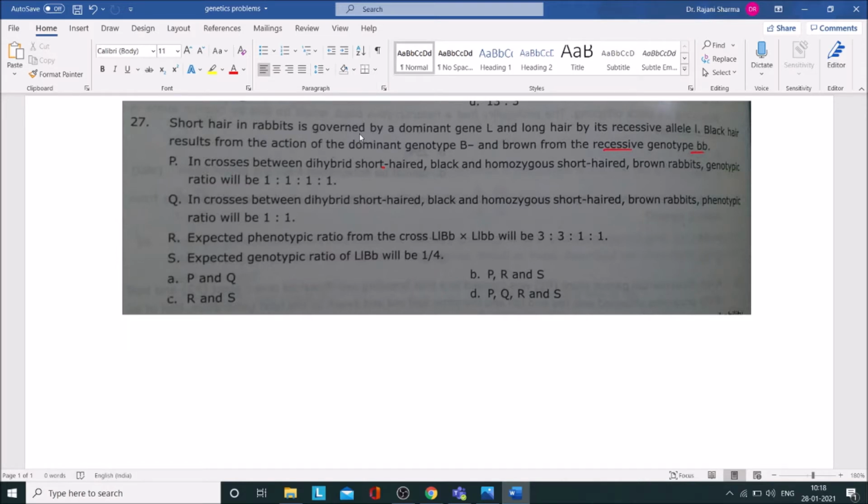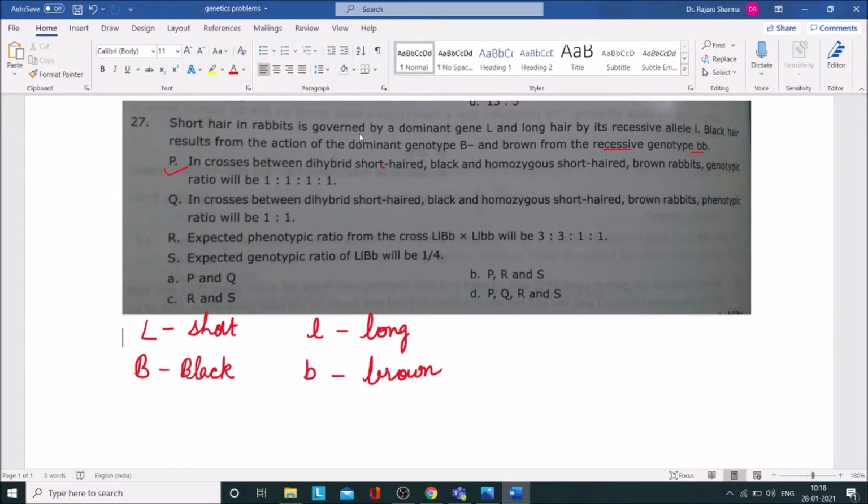So what information do we have? We have two dominant traits, one for the length of the hair which is short and another which is black, whereas the recessive ones, small l and small b, are long and brown.